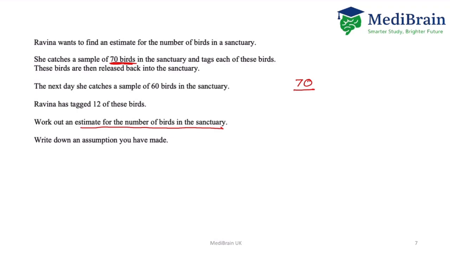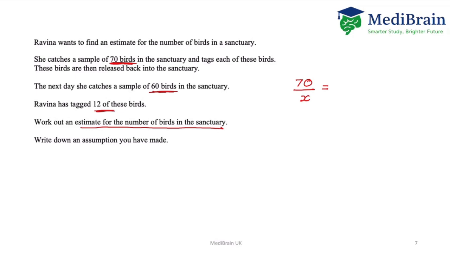So we're just going to put it over x, because the denominator normally tells you everything it's out of. So we've got 70 out of x because we don't know how many there are in total. We've just picked out 70, and that's equal to the next fraction. We know that we've got 60 birds, and 12 of these birds have been tagged.